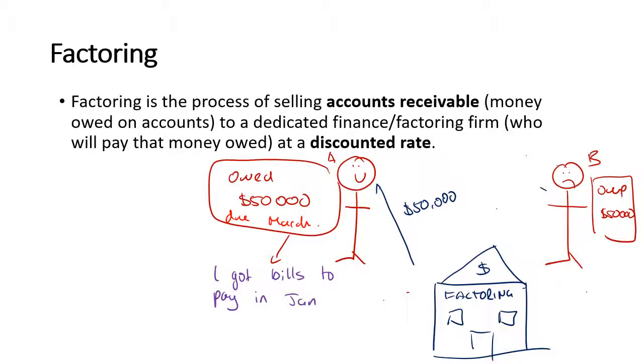But it's not 50,000, because let's say the factoring company needs to make a profit. So it's going to pay out only 47,500 instead. So we're not paying 50,000 anymore, we're paying 47,500.